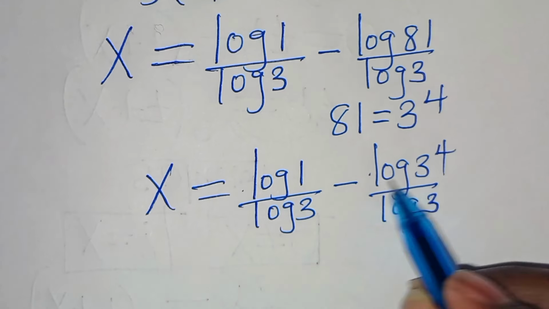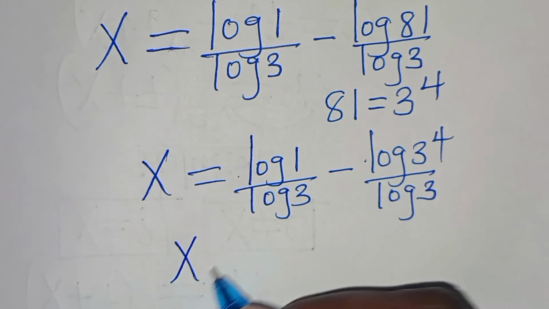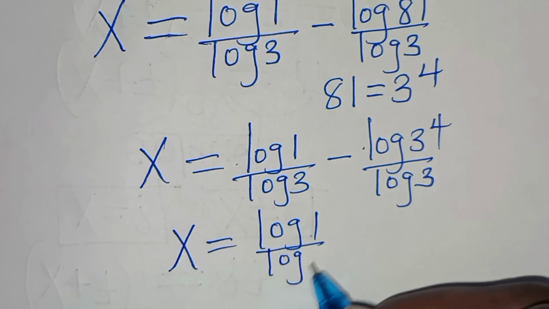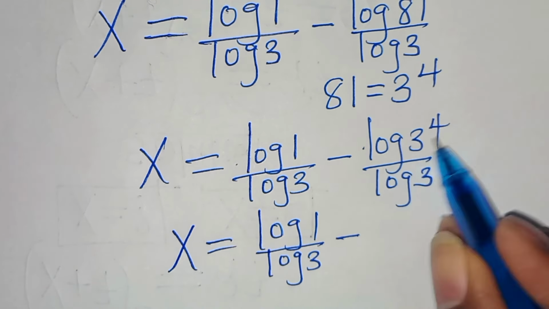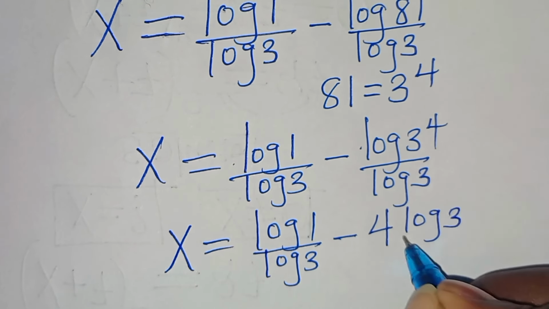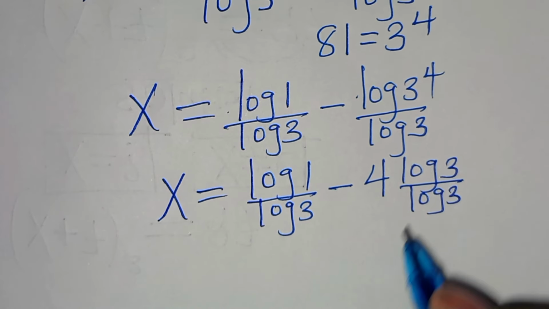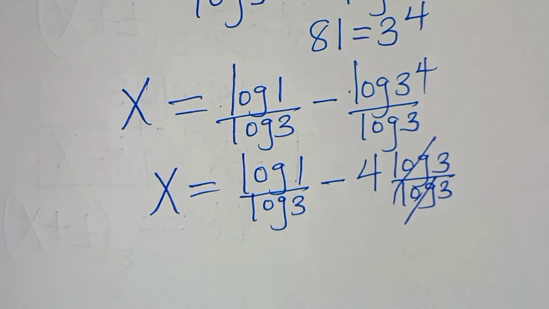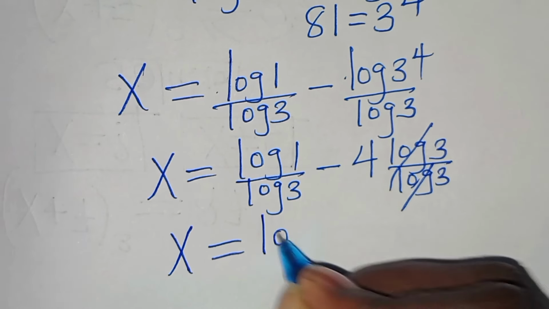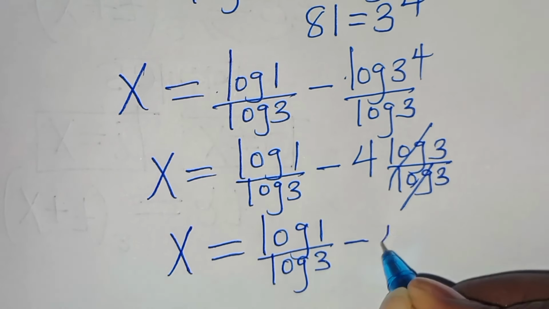Now, applying the power rule property here, log 3 to the power of 4 becomes 4 log 3. So we have log 1 over log 3, subtract 4 log 3 divided by log 3. From here, let's simplify log 3 and log 3, so that now we have that x is equal to log 1 divided by log 3, subtract 4.